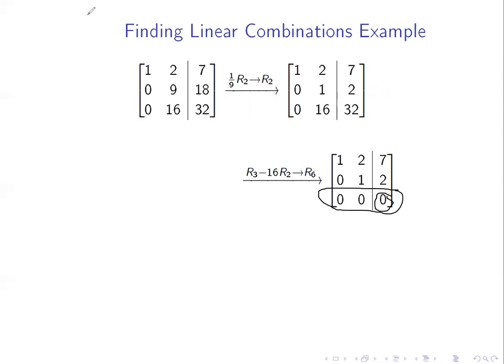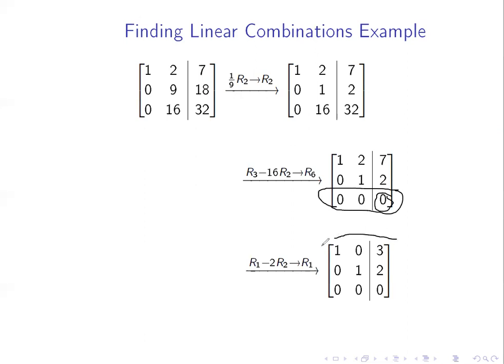But in this particular situation, I can continue doing my row reduction to reduced row echelon form, and I would end up with this final matrix. But what does this final matrix mean? Well, it means that X1 is 3 and X2 is 2.